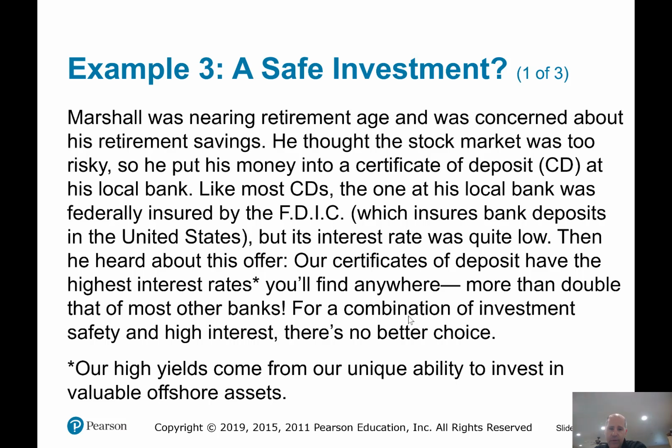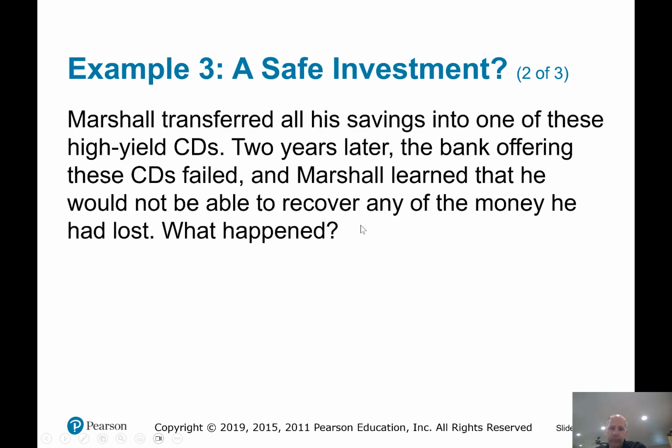For a combination of investment, safety, and high interest, there's no better choice. Okay, so there's the advertisement. Now it says at the bottom, our high yields come from our unique ability to invest in valuable offshore assets. Okay, so now Marshall transferred all his savings into one of these high yield CDs.